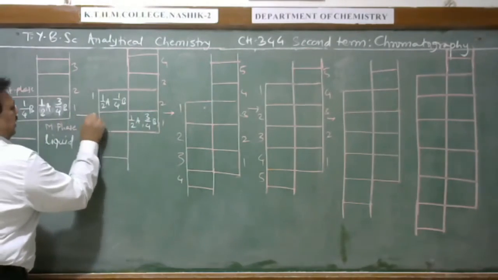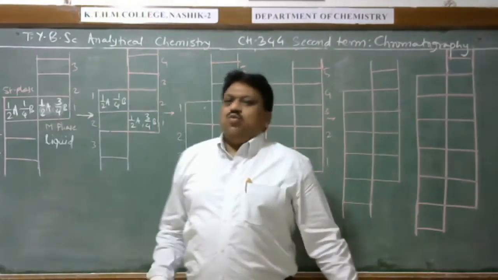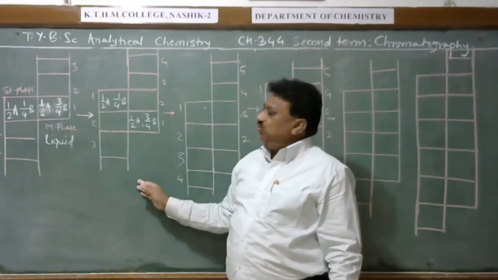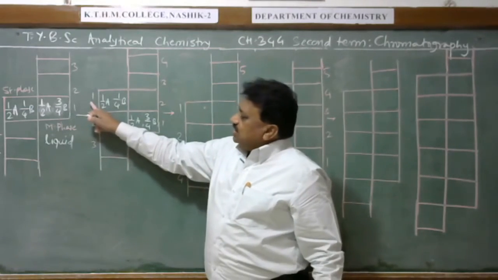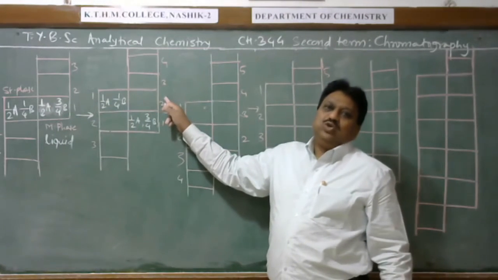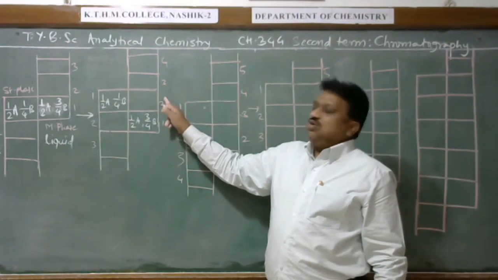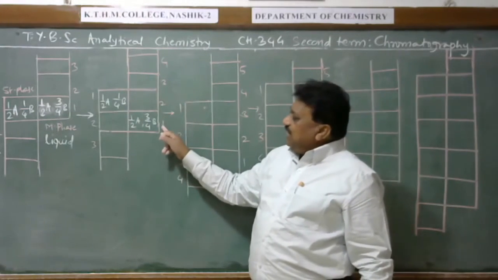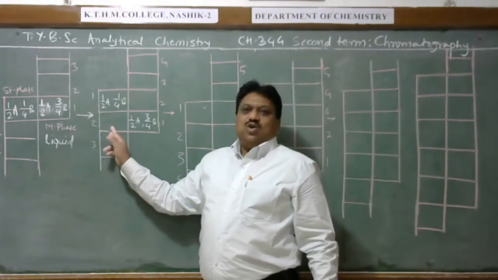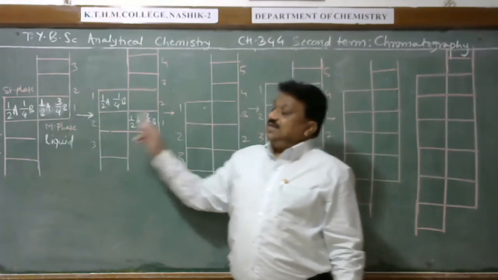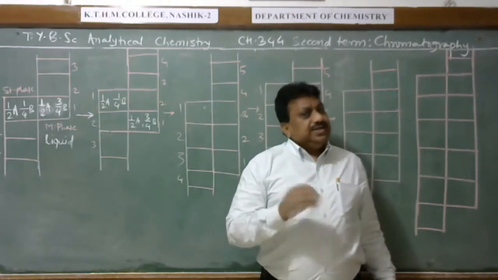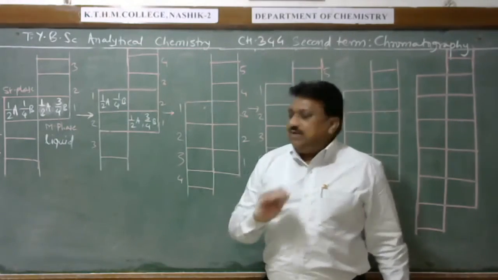This will be the next position when we put a fresh mobile phase box and push all these boxes downward. Therefore box number 1 of the stationary phase is in front of box number 2, that means it consists of pure mobile phase, and here the mobile phase contains some amount of A and B. Now again, depending upon the solubility, A and B get distributed into two solvents in this way.